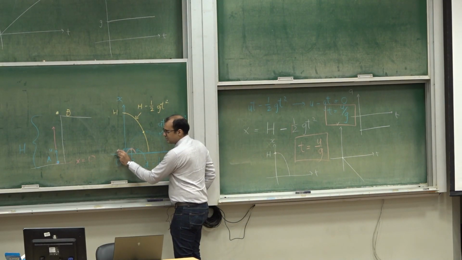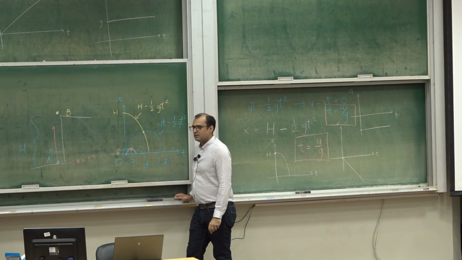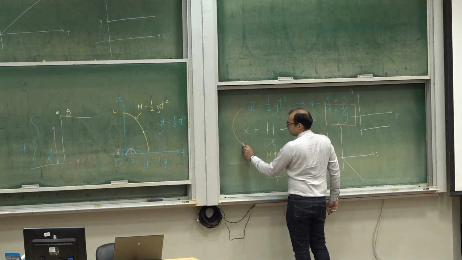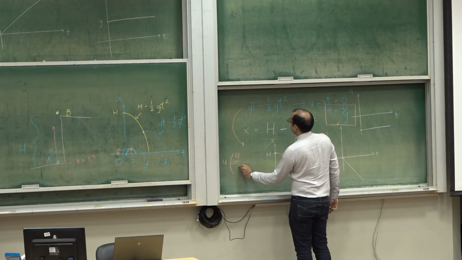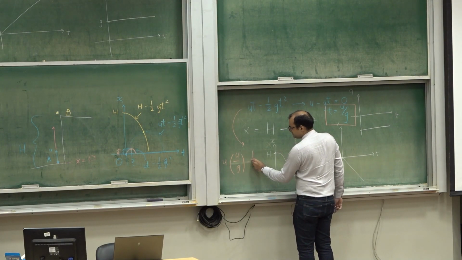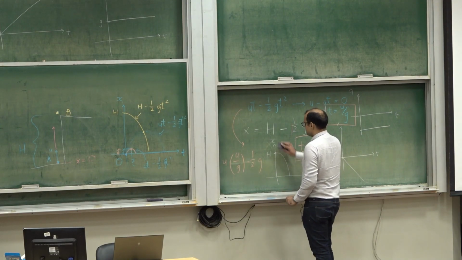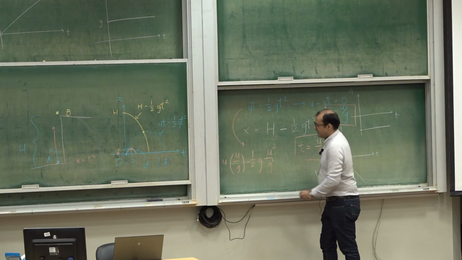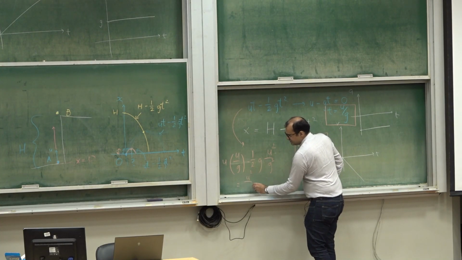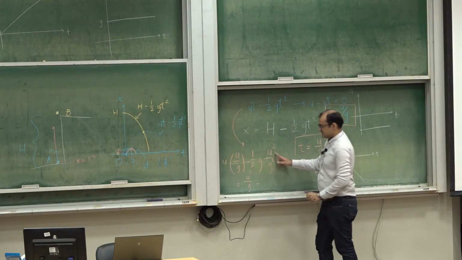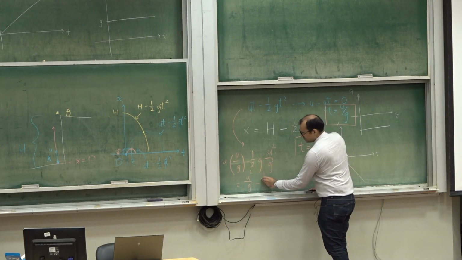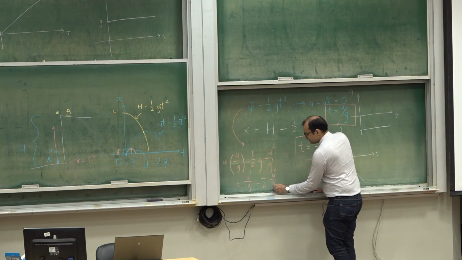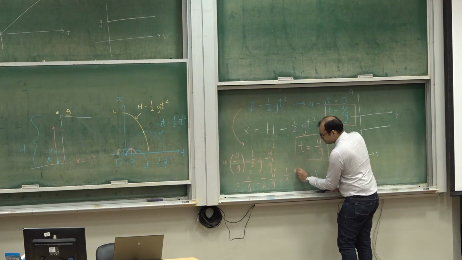How do I find that out? Well, you just put this value of time back in this function. So you get u times u over g minus half g times t square, so you get u square over g square. You are basically getting u square over g minus half u square over g, because this g cancels one of these g's, and the whole thing is just half of u square over g.